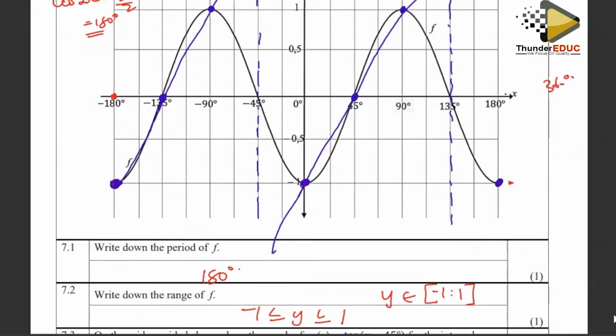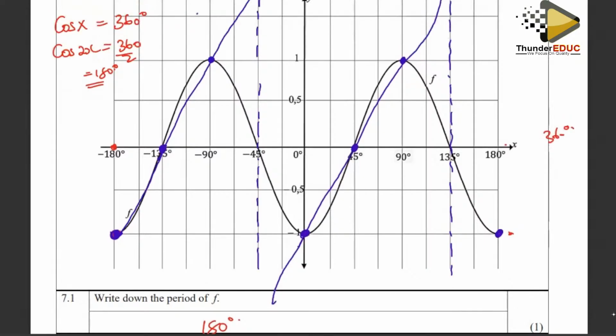And then lastly, this one must just move in that direction, because if we were to have another point, let's say we are using 45 now, 180 plus 45 is going to give us 225.